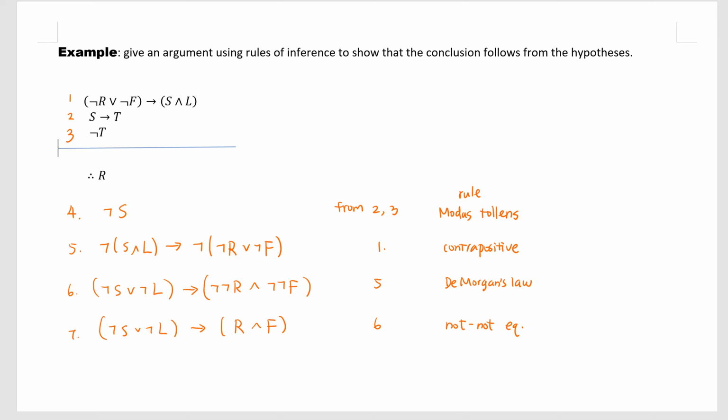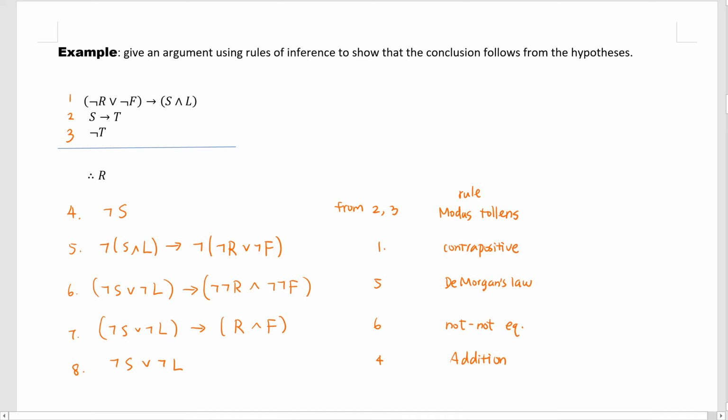Okay, now see we get a not S. Because we have not S, then we have not S or not L. We have not S, so we have not S or not L. And then here, this is from 4. Oops, sorry, 7 and 8. This is line number 8 from 4, and here is addition.